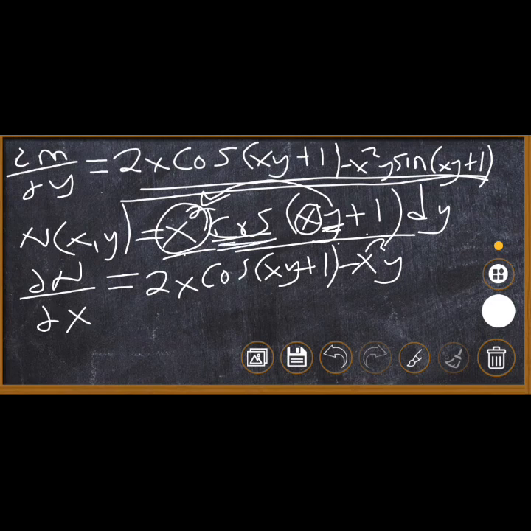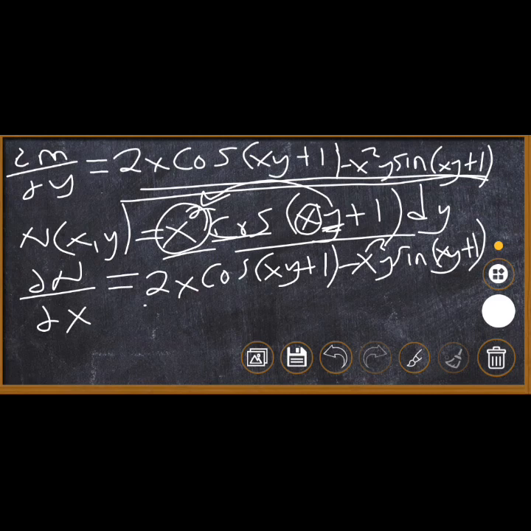Then this cos will change into sine, so we have sine of xy plus 1. Let me just create some space so we do not stay confused. So in this case, we are going to have y here, and then sine of xy plus 1.